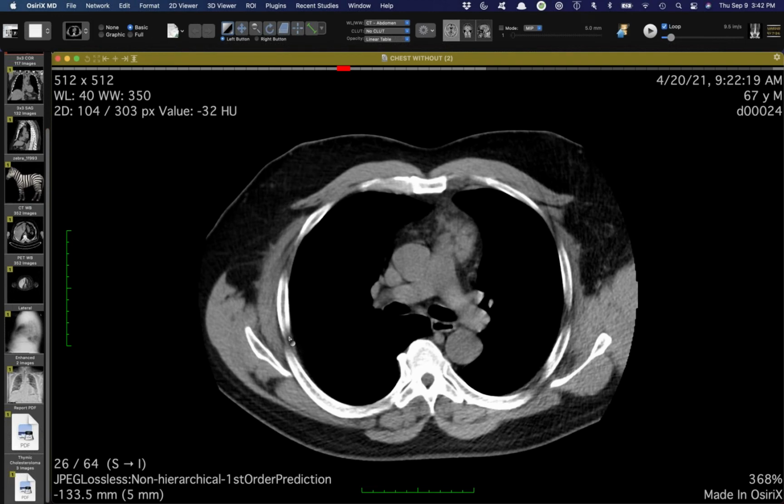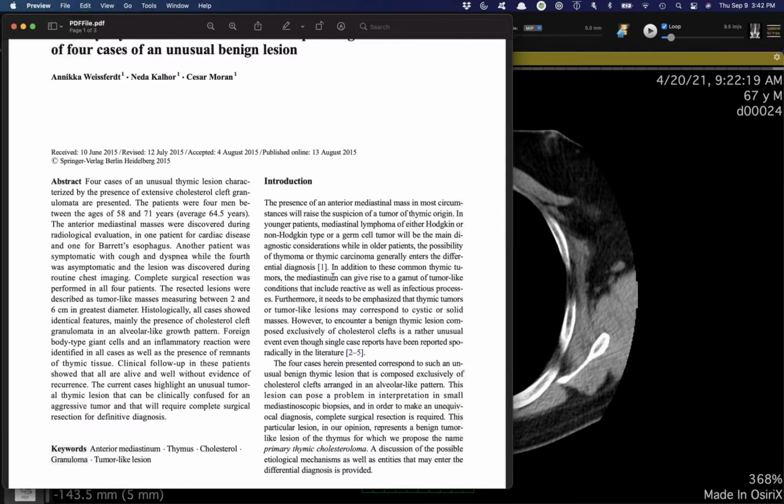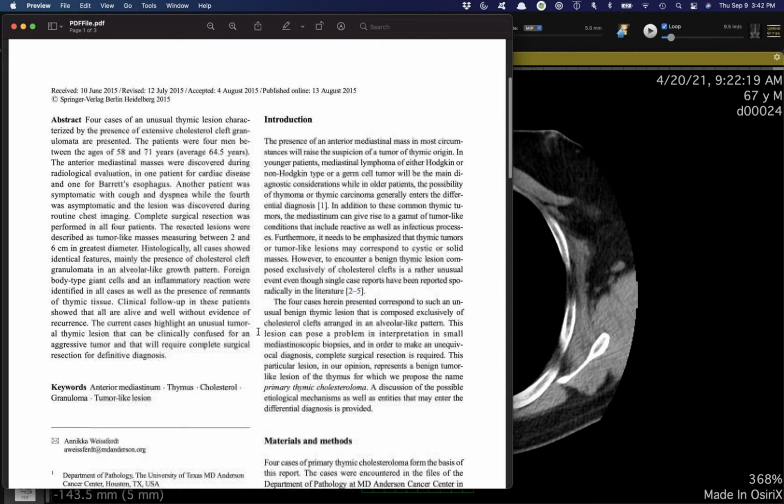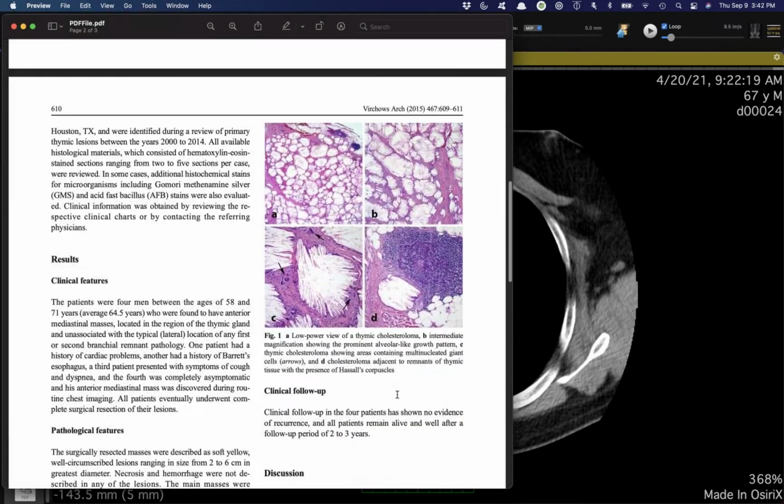You know what puzzles me? If the word cholesterol in the description is really only referring to the cholesterol clefts, then if you think about cholesterol clefts in general, we not uncommonly see that in the context of chronic fibrosing lung disorders. Cholesterol clefts can be produced by virtually anything, and they're not representative of anything.